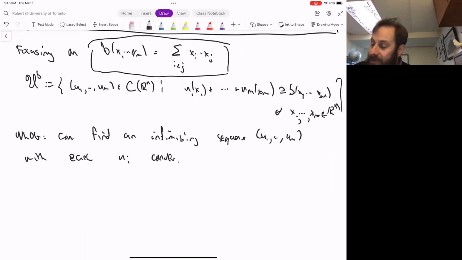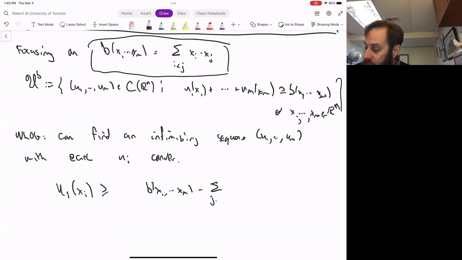So if you think about ui hat of xi, sorry, let me get rid of the hat for a minute. So I know ui of xi dominates b(x1 to xm) minus the sum over j different from i of uj(xj).